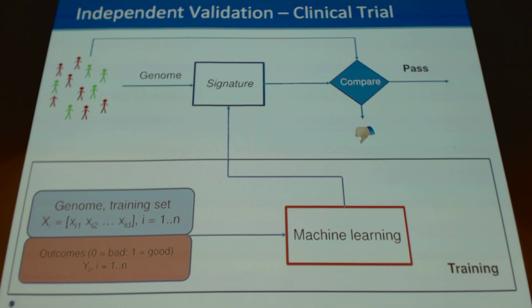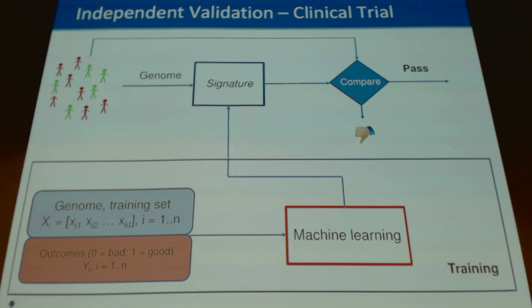And if the match is pretty good, the test passes, it goes to clinic. If it doesn't, that's the end of it. In this context, if you fail, this usually means either the end of the company or at the very least the end of that department, because that's how it is. You only get one chance.